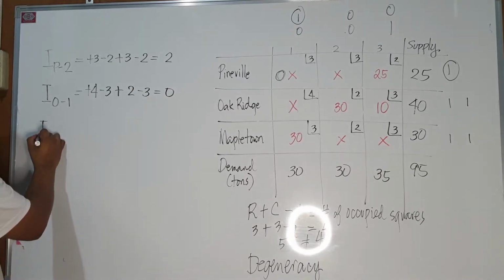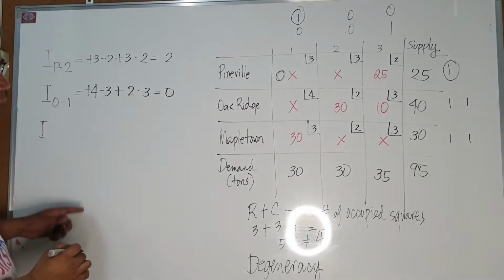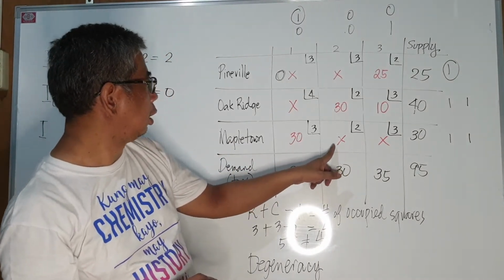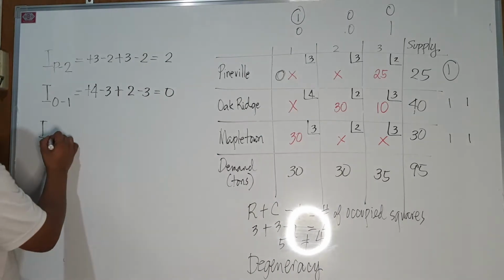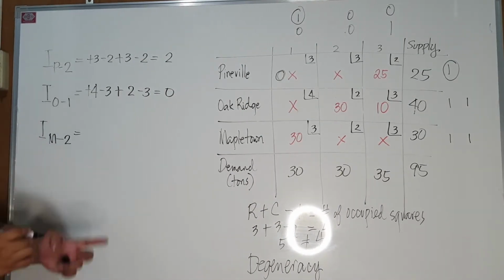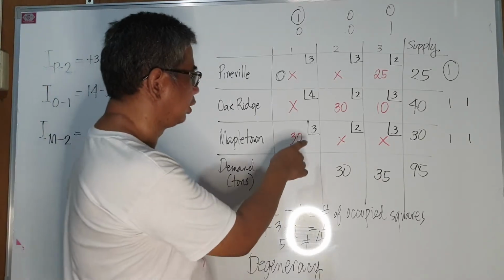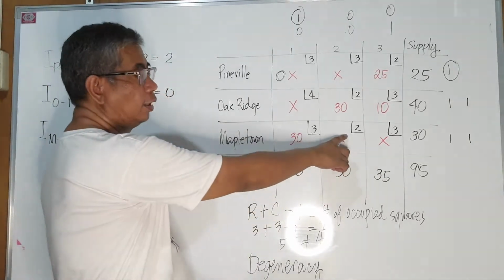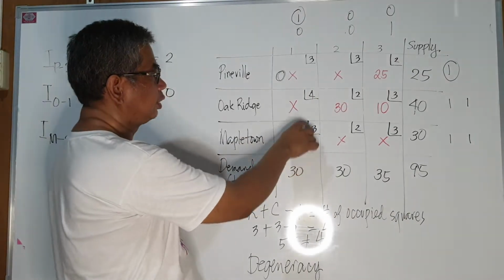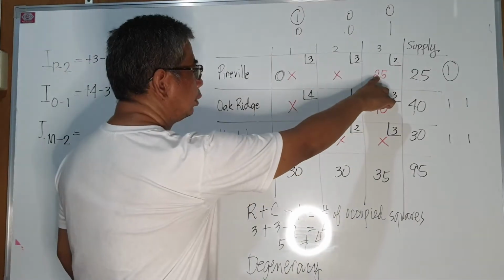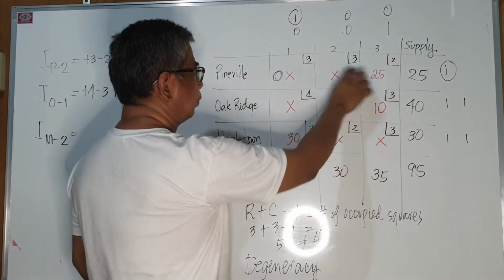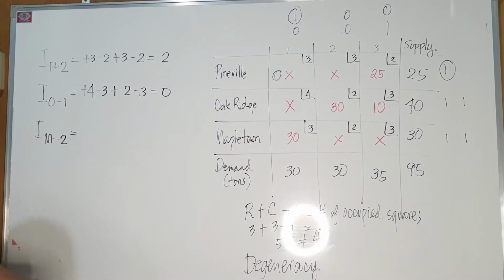How about the improvement index for Mapletown to supply house number 2? What's our improvement index? What is our path? It's a bit complicated, no? From here, we move here, then here, then this one. Or we can go the other way. So, those are our choices. Okay?